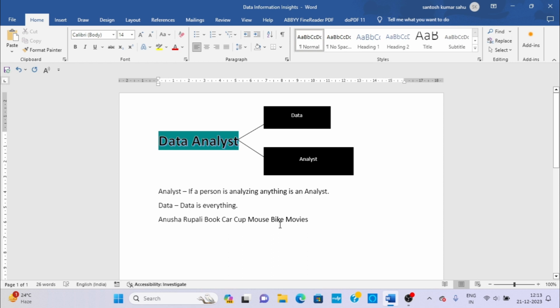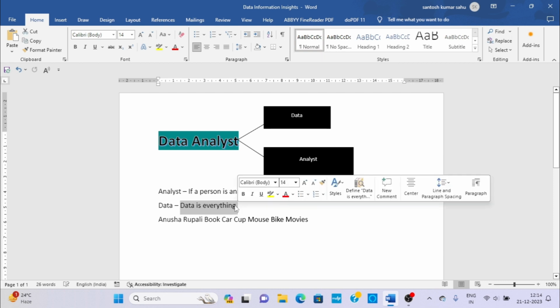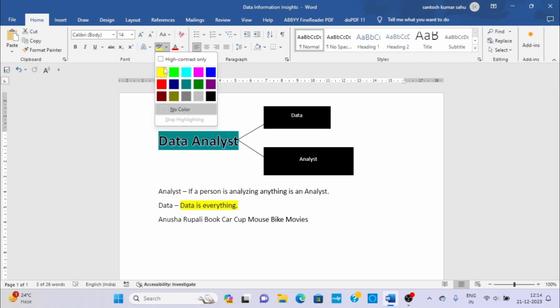If I write the sentence Anusa Rupali book car cup mouse bike movies, do you get any information from this sentence? Simply, this is the definition: what is data? Data is everything.